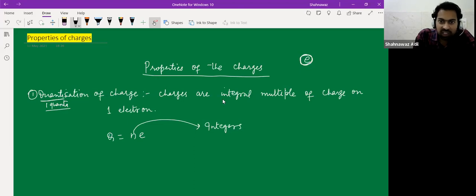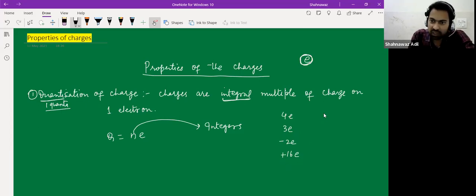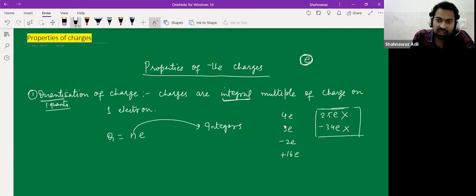That is why we say integral multiple. You will always have charges like 4e, 3e, minus 2e, or plus 16e. You will not have charges like 2.5e or minus 3.4e. These kinds of charges you will not have in nature, because all charges are integral multiples of this small charge. So this is about the quantization of charge.